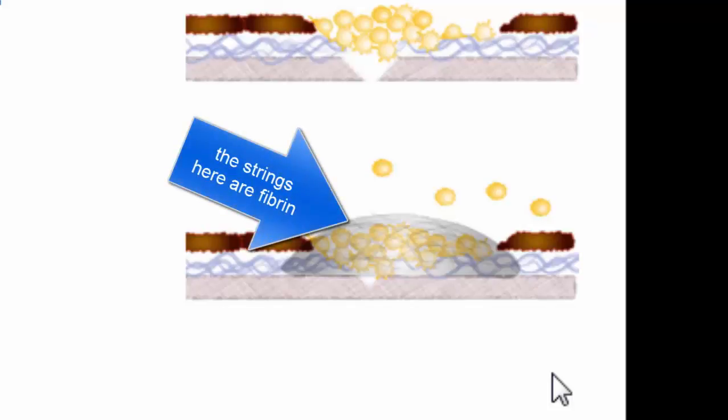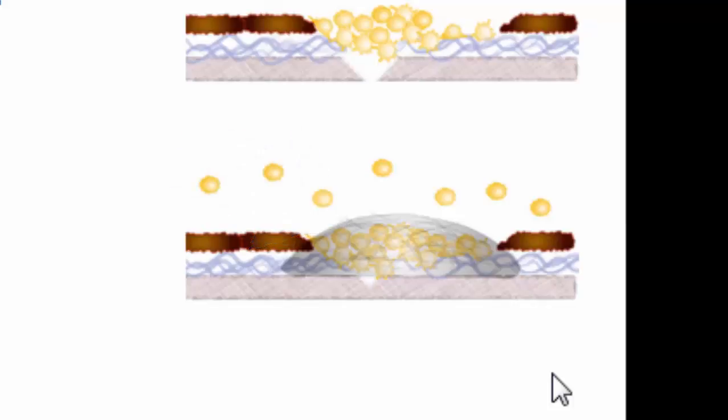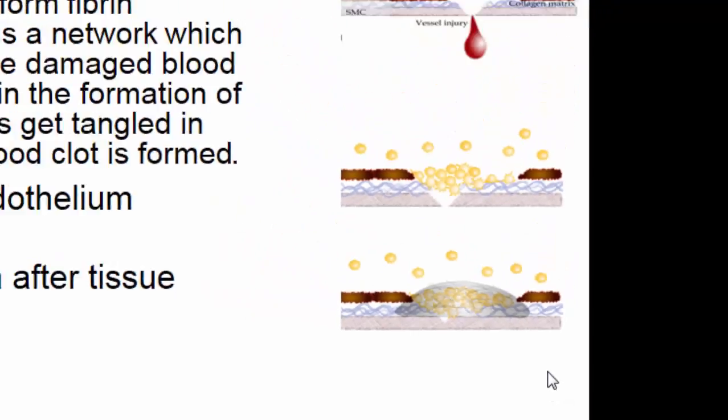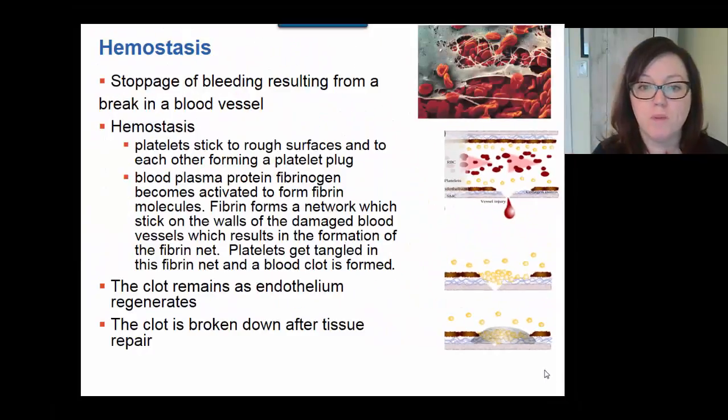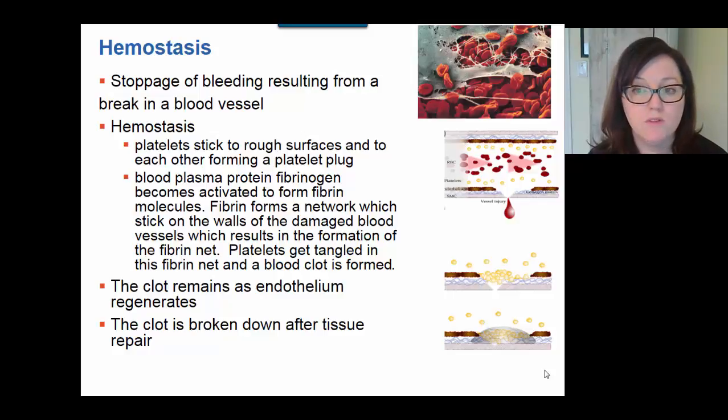Fibrin is a very sticky protein that forms a sticky network that sticks to the broken blood vessel wall, and it traps blood cells and platelets, forming what we call the blood clot. The clot will remain until the blood vessel wall can be repaired, and then once that is complete, the blood clot will be broken down, and we're back to a nice fresh blood vessel wall.